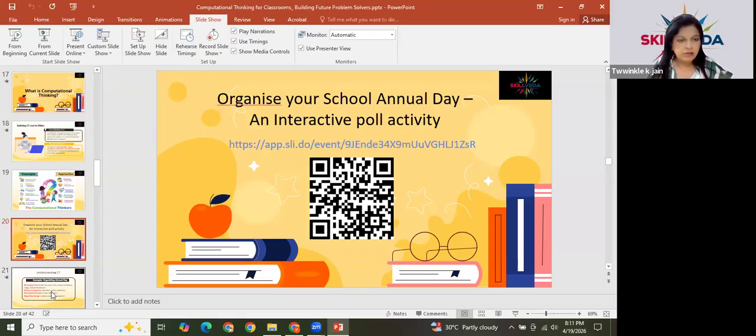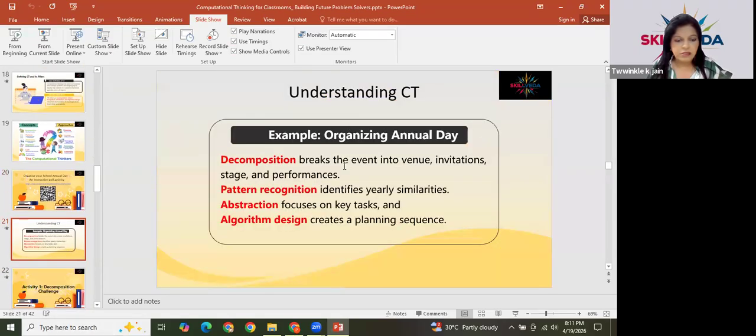The planning order we receive from the heads will be different, whereas what I receive from teachers would be something different. Breaking the event into venue, invitation, stage, performance, all these we call decomposition. Though organizing an annual day is a very big, complicated event, it is decomposed into individual tasks.